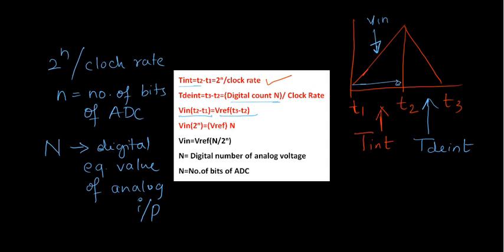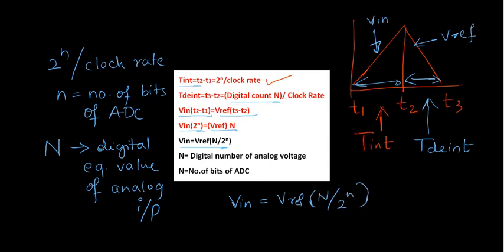So Vin into 2 to the power of n should be equal to Vreference into n. If you equate this, your input voltage Vin is equal to the reference voltage into n divided by 2 to the power of n. So your digital equivalent of the analog input, n, is directly proportional to the analog input voltage.